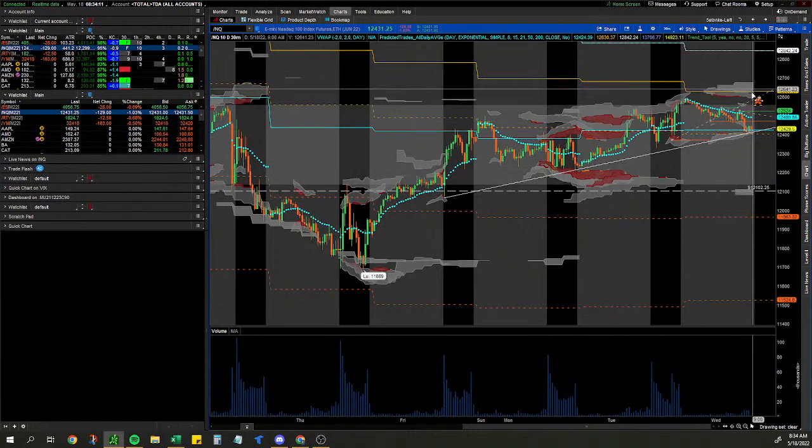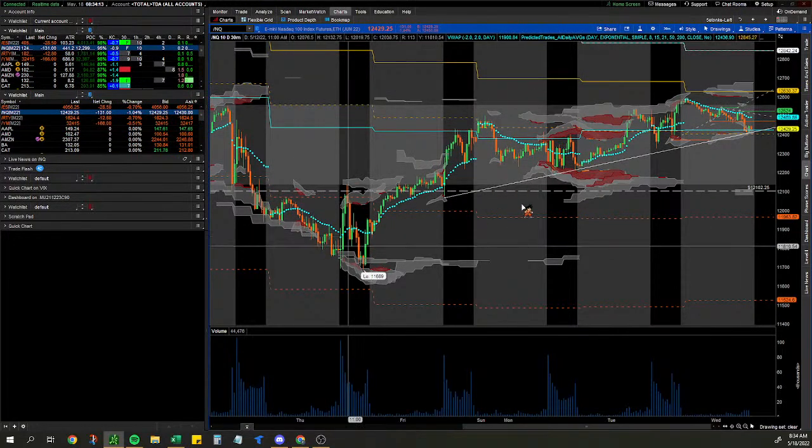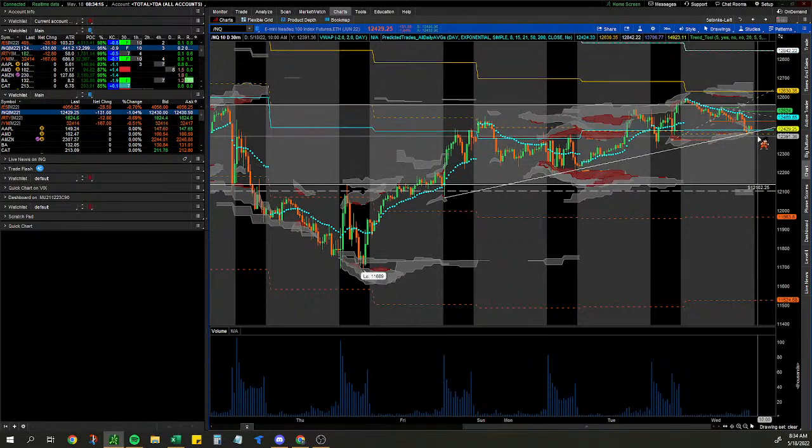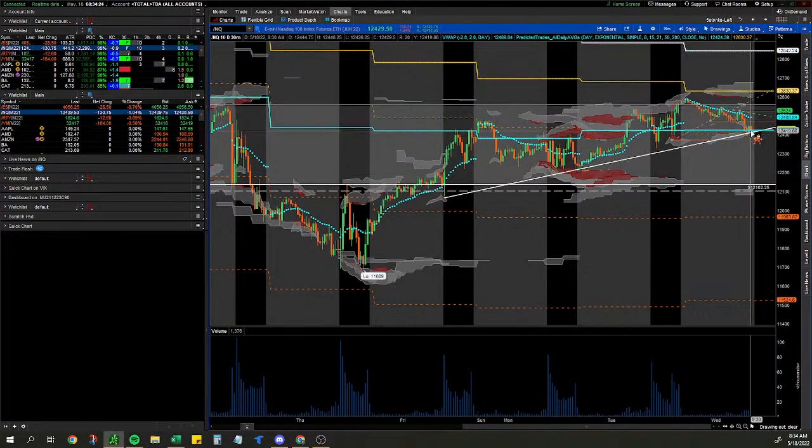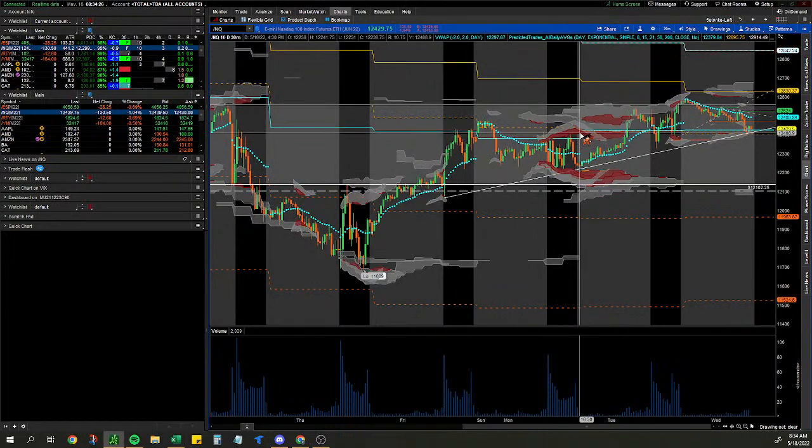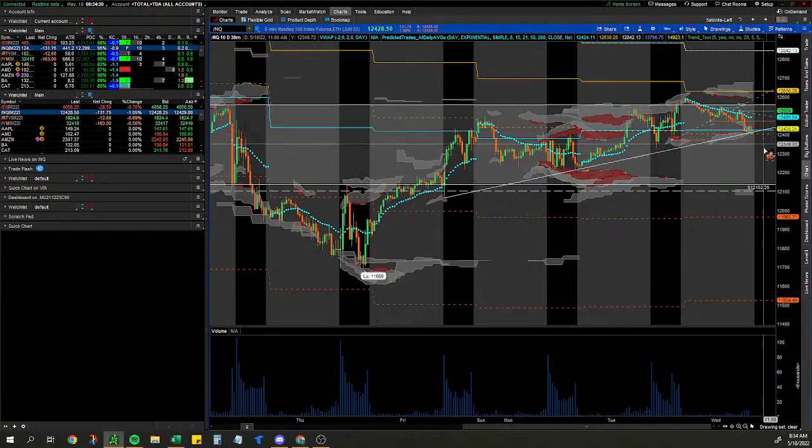If we don't even get to the 15, if we give up this trend line and fall out of this squeeze, losing the daily 8 and this daily Keltner, we are basically getting a moving average, a mean rejection to head back lower.